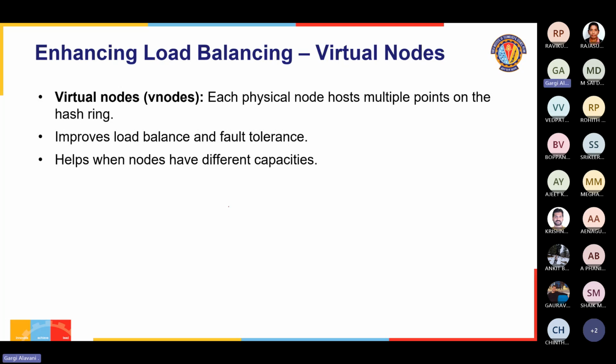For example, node A could appear as A1, A2, A3 in different points. This helps distribute the load more evenly, and it also allows flexible rebalancing when nodes join or leave. It's especially useful when nodes have different storage or processing capabilities.